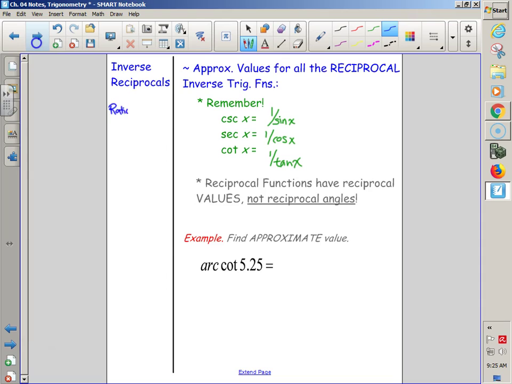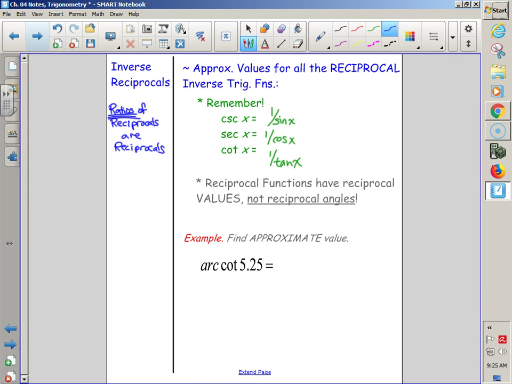The ratios of the reciprocals are reciprocals. They're called the reciprocal functions because their ratios are reciprocals.